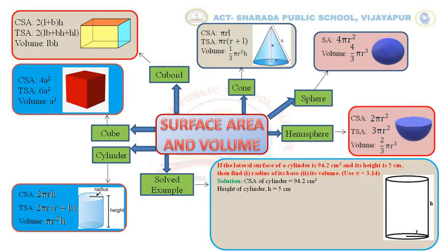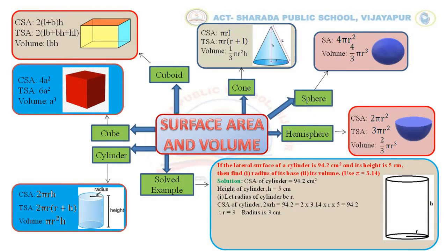Solution: CSA of the cylinder is equal to 94.2 centimeter square. The height h is equal to 5 centimeter. To find the radius of the base, we use the formula CSA, that is, 2 pi r h equal to 94.2.